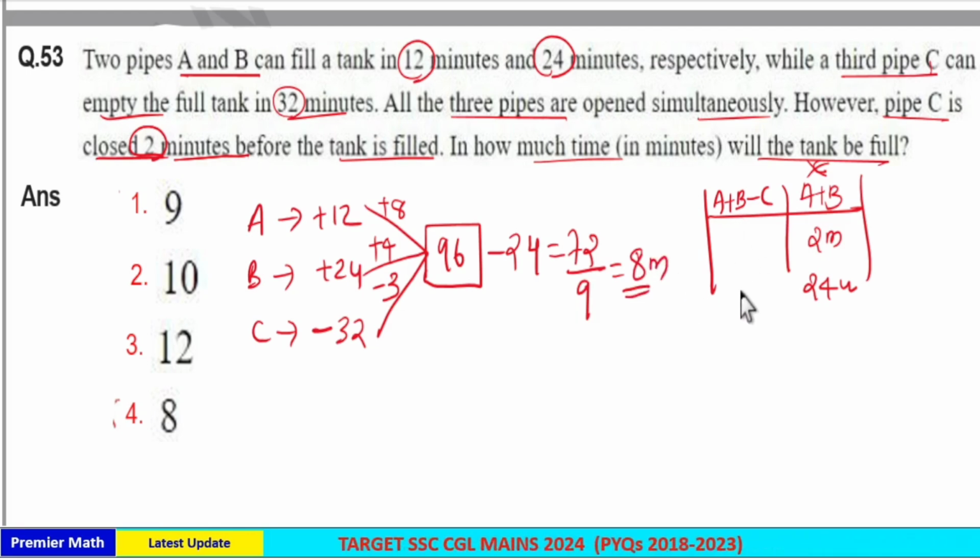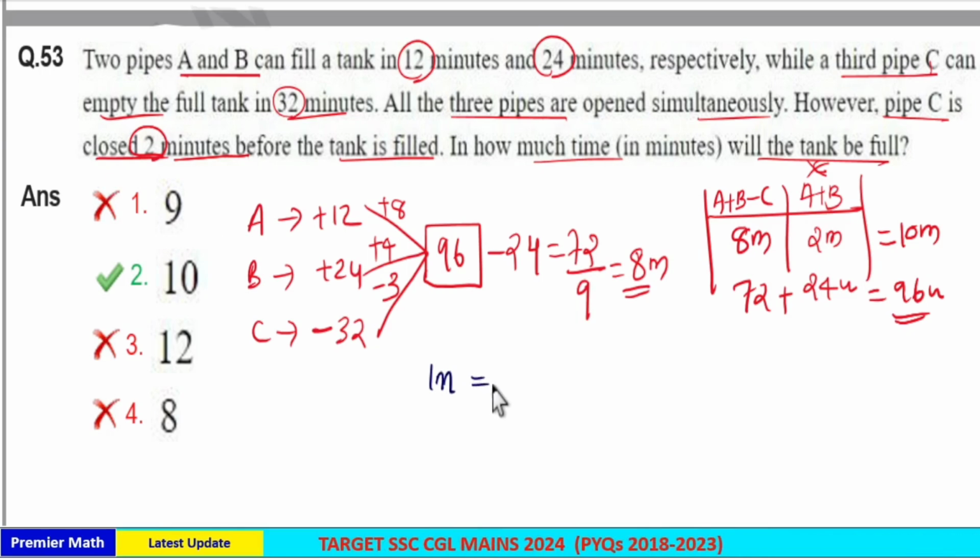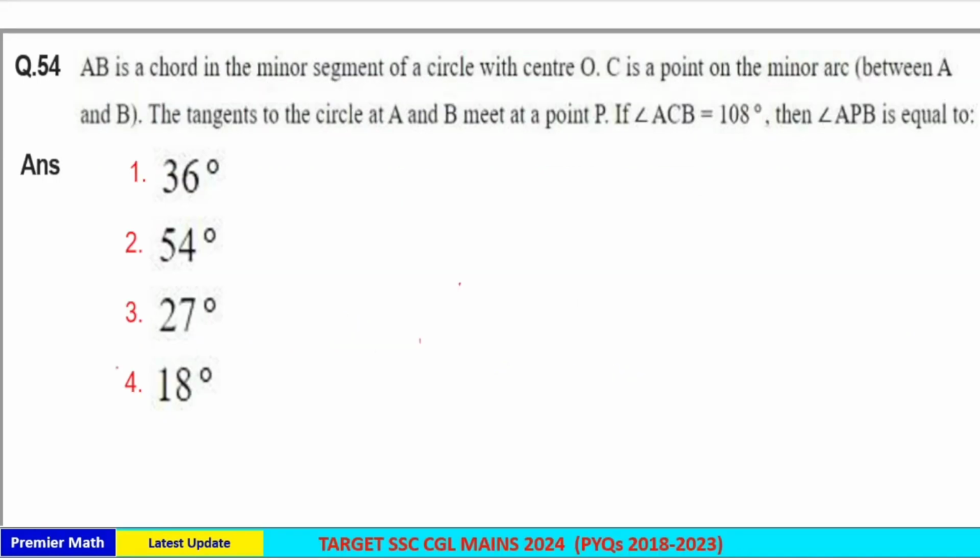So total time taken is equal to 8 plus 2, 10 minutes to fill 96 unit. So option 2 is your answer. That is, in 1 minute, A plus B minus C filled 8 plus 4 minus 3, 9 unit.